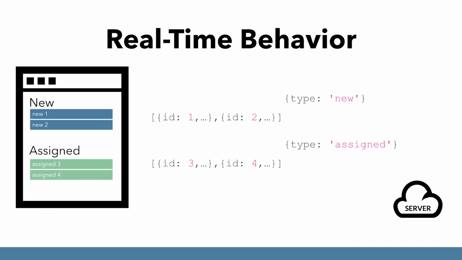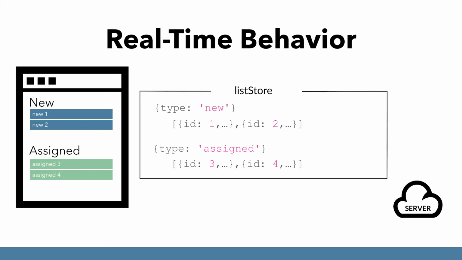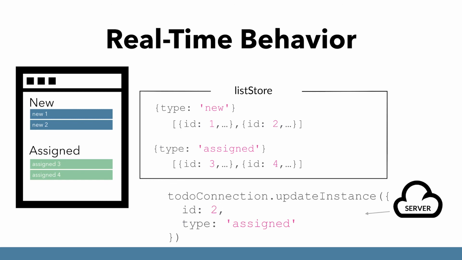And then the list store can be updated and say, okay, I know ID 2 is no longer new, it's part of the assigned set. And then through the magic of observables and live binding, our UI automatically updates, moving the ID 2 to-do to the assigned section.